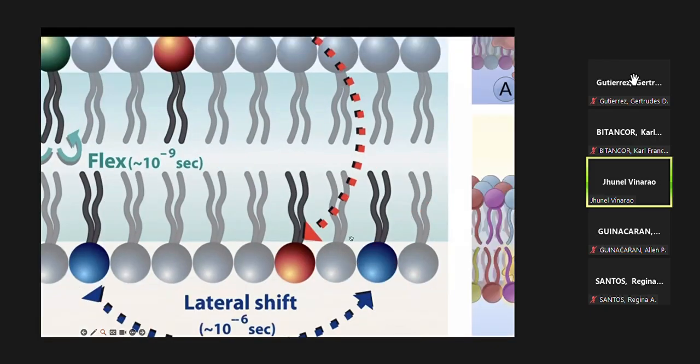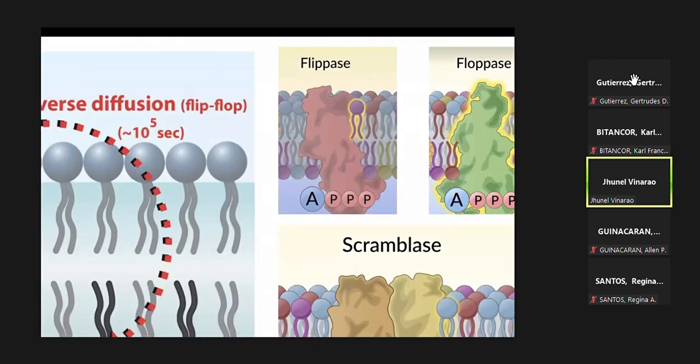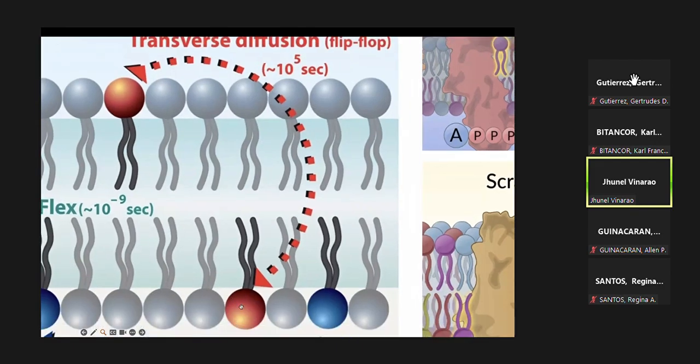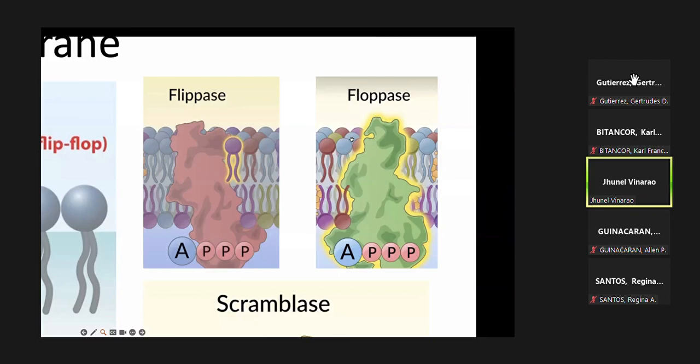But if it's transverse diffusion, if there is a transfer or the movement from cytosolic to the non-cytosolic or the other way around, we need ATP. And not only ATP, we also need enzymes like the flippase, the floppase, and scramblase.